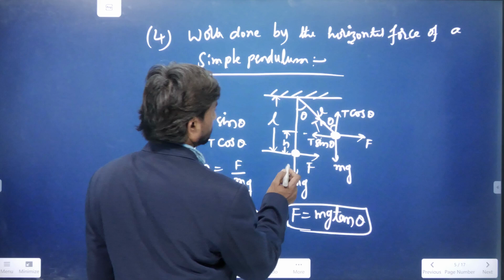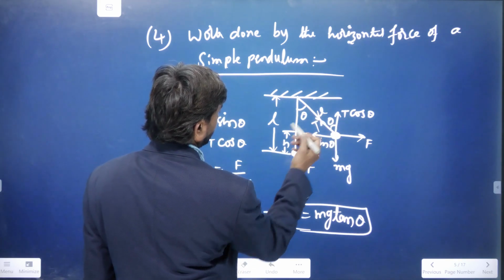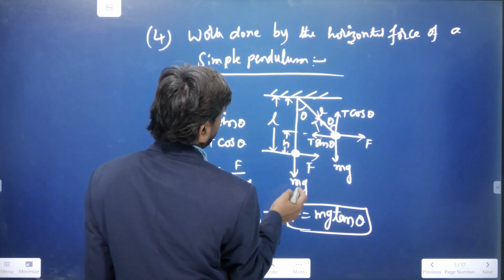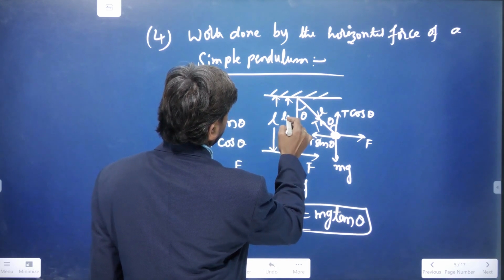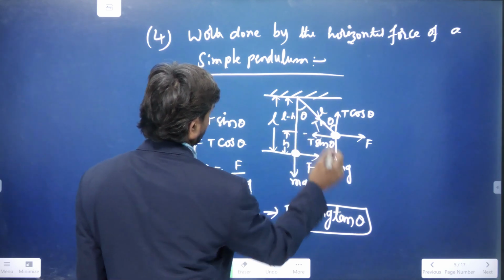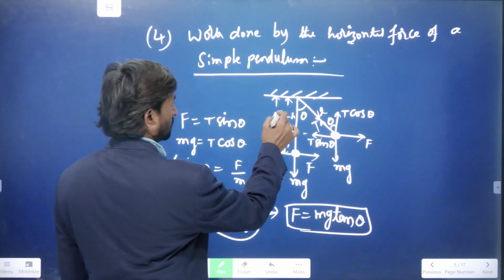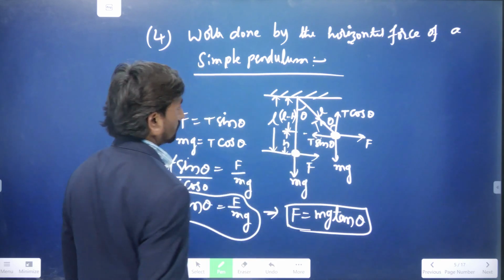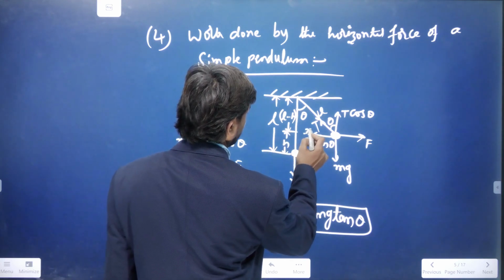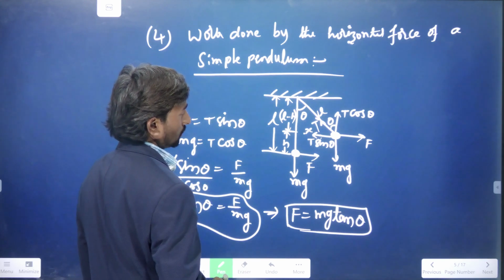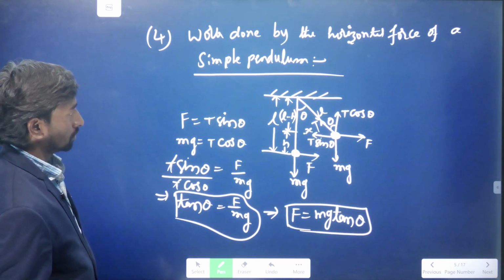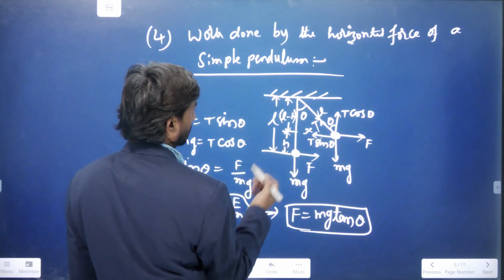So here suppose this is a length L, and this distance we can write as L minus h, this is h. Suppose the body has moved a displacement x.